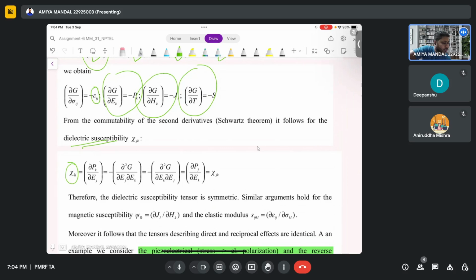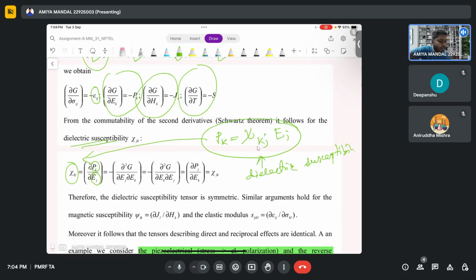The dielectric susceptibility is nothing but the polarization with respect to the field, and from there the dielectric susceptibility arises.